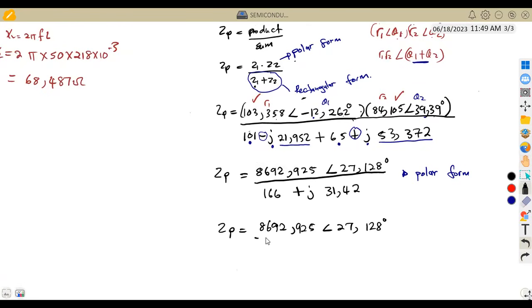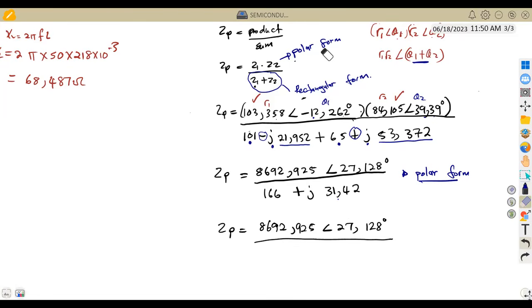But like I said, for division it's best to have everything in polar form. So we are forced to convert this part to polar form. From your calculator, we can convert this. Let us get to our calculator.